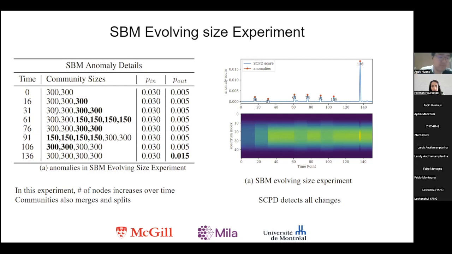For example, if you go from 16 to 31, you're adding one more community of 300 nodes. And we have these changes, like the number of communities expanding and shrinking and so on. We can see that SCPD is able to detect all the anomalies.